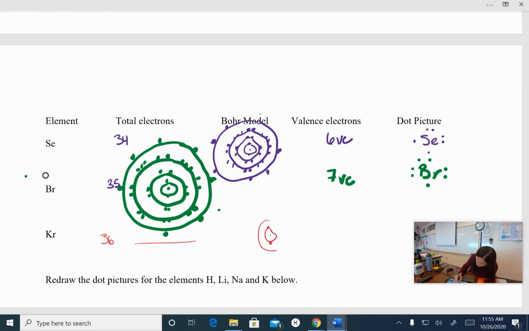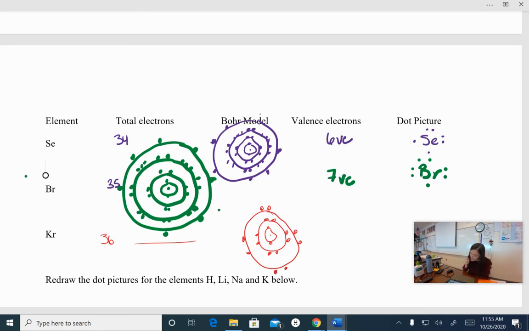1, 2, 3, 4, 5, 6, 7, 8, 9, 10 total. 11, 12, 13, 14, 15, 16, 17, 18. Then we do the fourth level. 1, 2, and then the 10 transition metals. 1, 2, 3, 4, 5, 6, 7, 8, 9, 10.